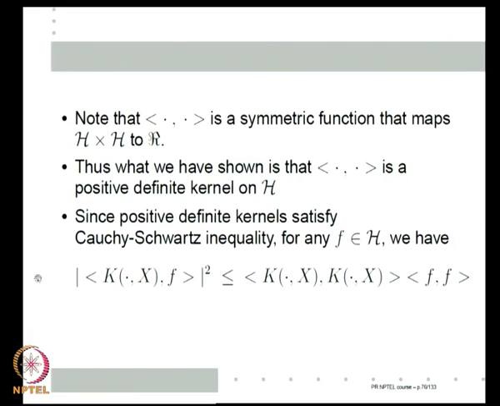In particular, if I choose f as one element and k dot x as another, then we have the inner product of k dot x and f, whole square, less than or equal to the inner product of k dot x with k dot x times the inner product of f with f. So, let us calculate each of these inner products from our definition of inner product.